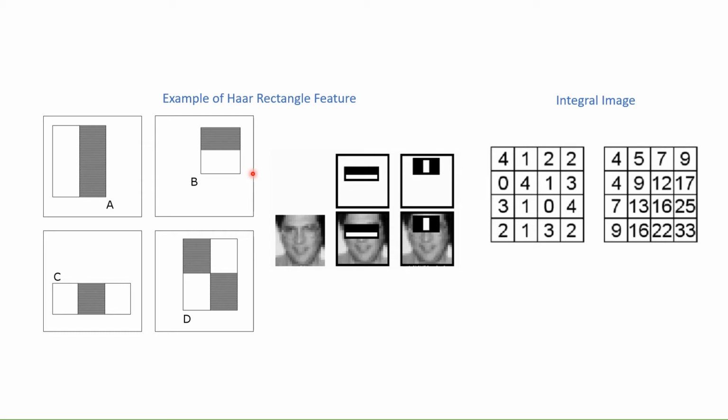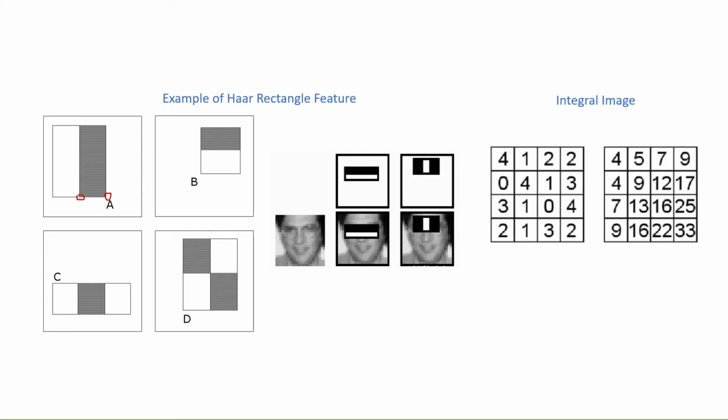Okay, so Paul Viola and Jones found another one called the integral image. So the integral image is nothing but, instead of adding all the pixels inside that, we are just taking the last pixel and the last pixel and doing the process. How can it be possible?